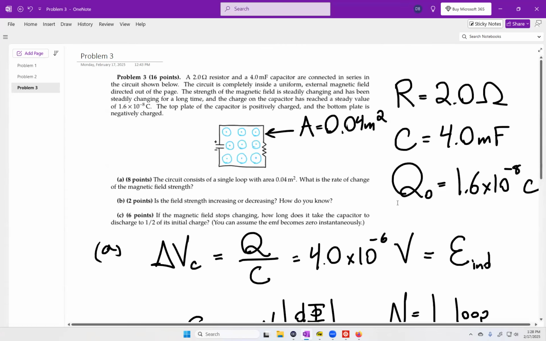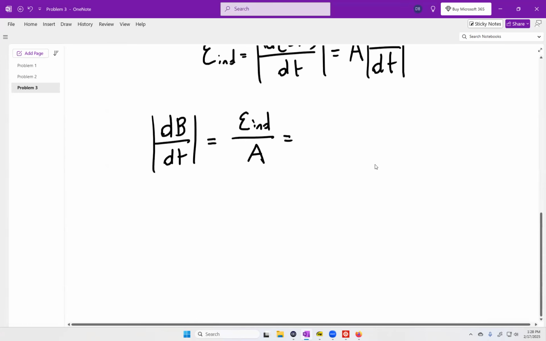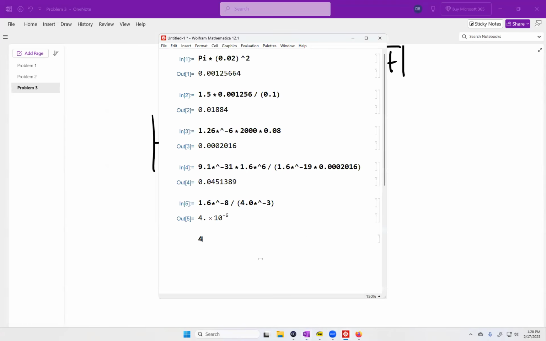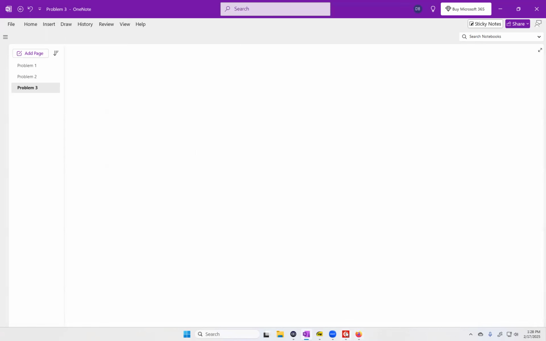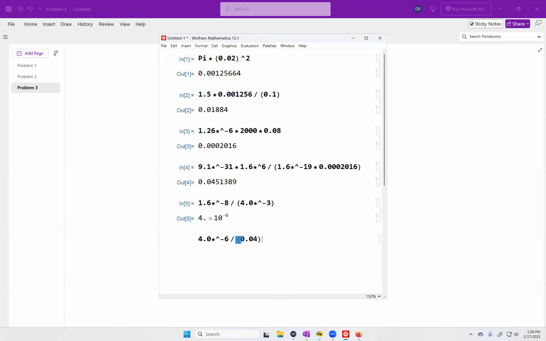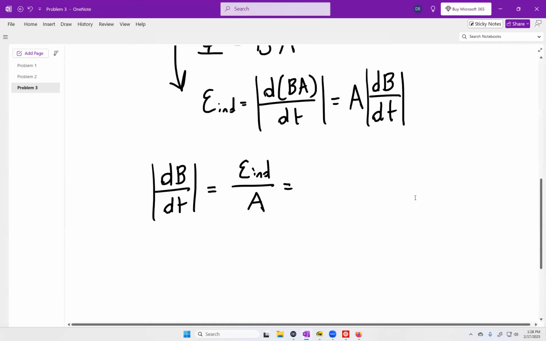We take our voltage, 4 times 10 to the minus 6 volts, and we divide by our area, which is 0.04. Okay, and I get 1 times 10 to the minus 4 Tesla per second.